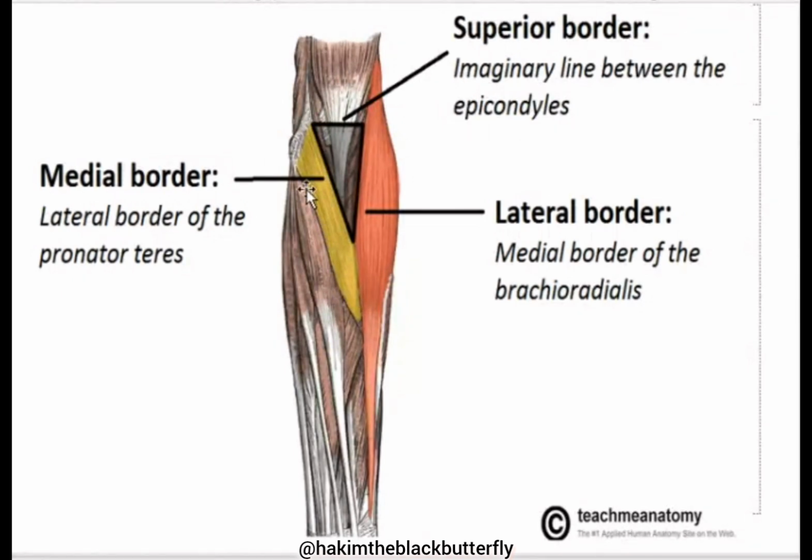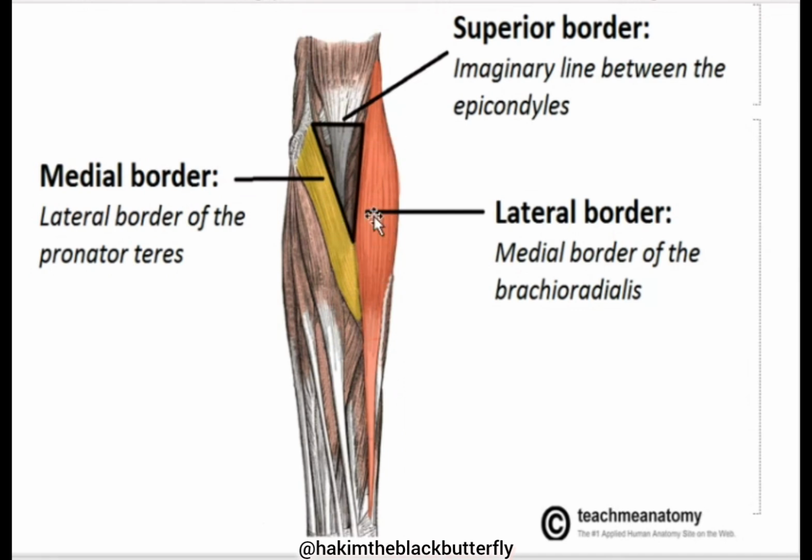This Pronator teres has a medial boundary and a lateral boundary. So when we say that the Pronator teres forms the medial border, specifically its lateral boundary is the one which forms the medial border of the cubital fossa.